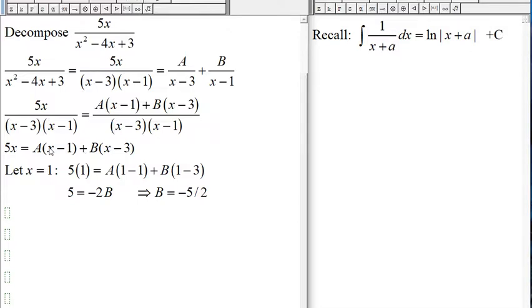And to figure out what a is, pick something for x that would make the other factor 0. So we let x be 3. Then we get 5 times 3, and then a times, put a 3 here and a 3 here, so we get 3 minus 1, and then plus b times 3 minus 3.